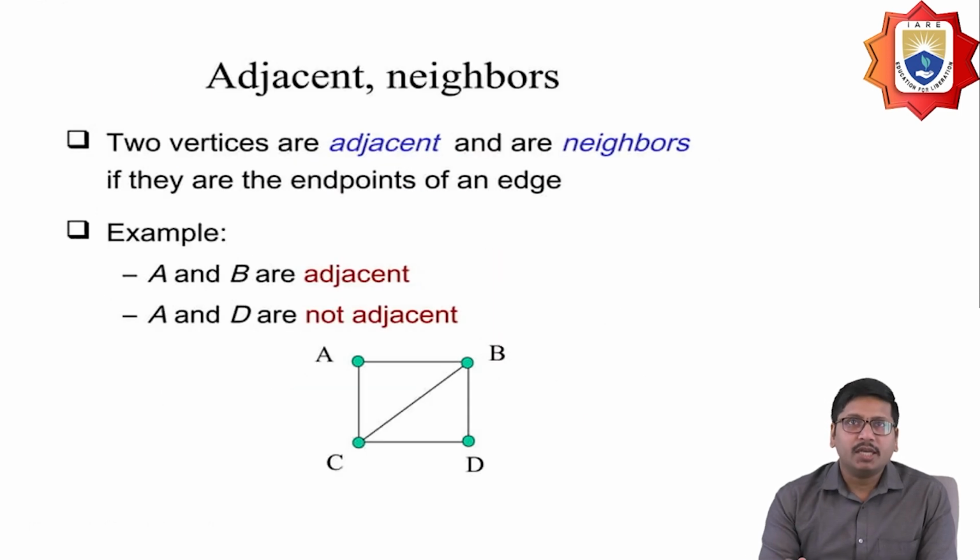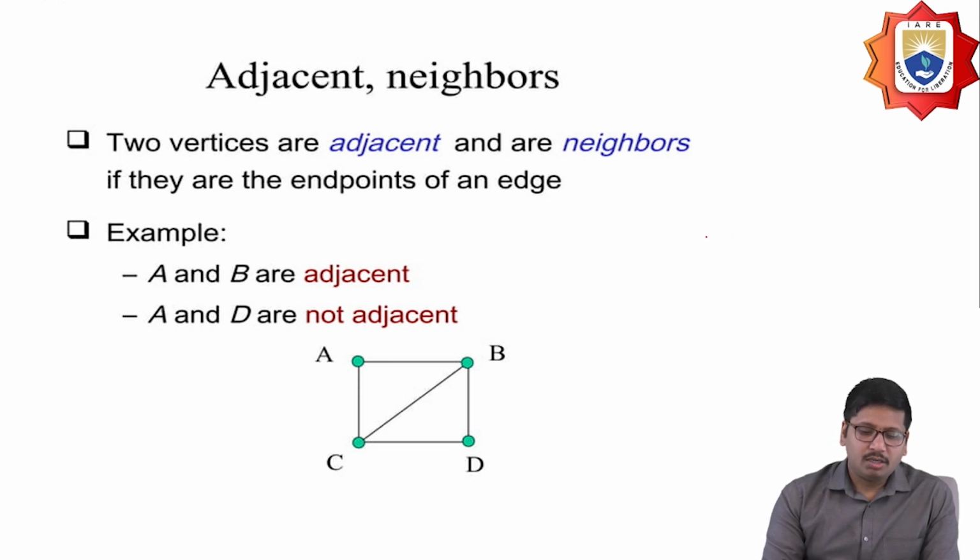Then how can we say that two vertices are adjacent, or neighbors? If they are the endpoints of an edge. If I draw an edge between two vertices, then A and B are adjacent to each other.